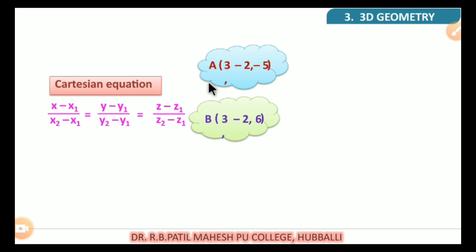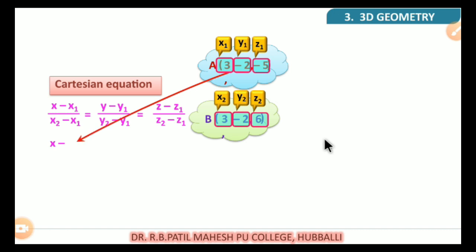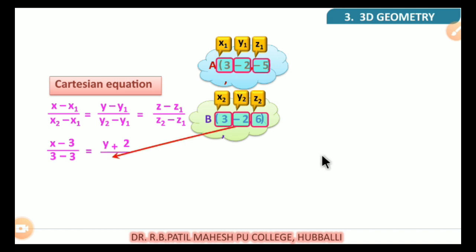Now substitute all these values in this Cartesian form. x minus 3 divided by x2 minus x1, where x2 is 3, so 3 minus 3, is also equal to y minus of minus 2, which becomes y plus 2, divided by minus 2, minus of minus 2, that is minus 2 plus 2.